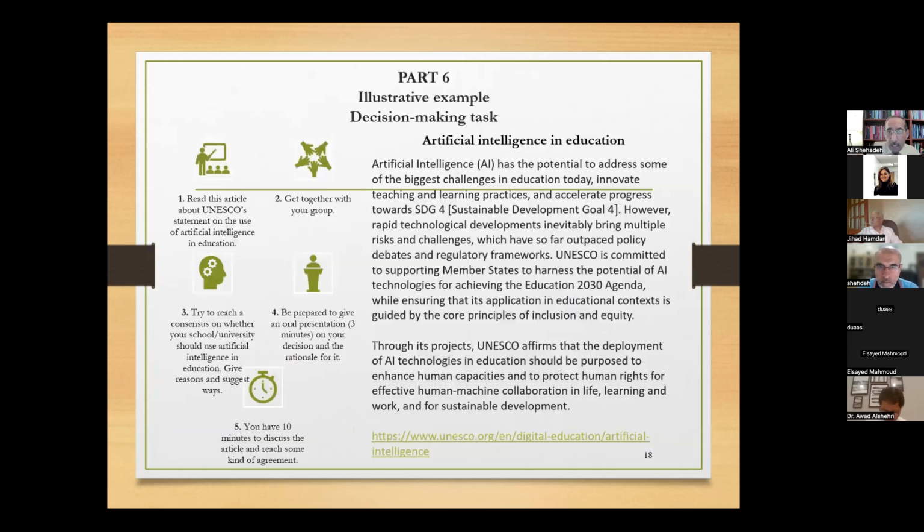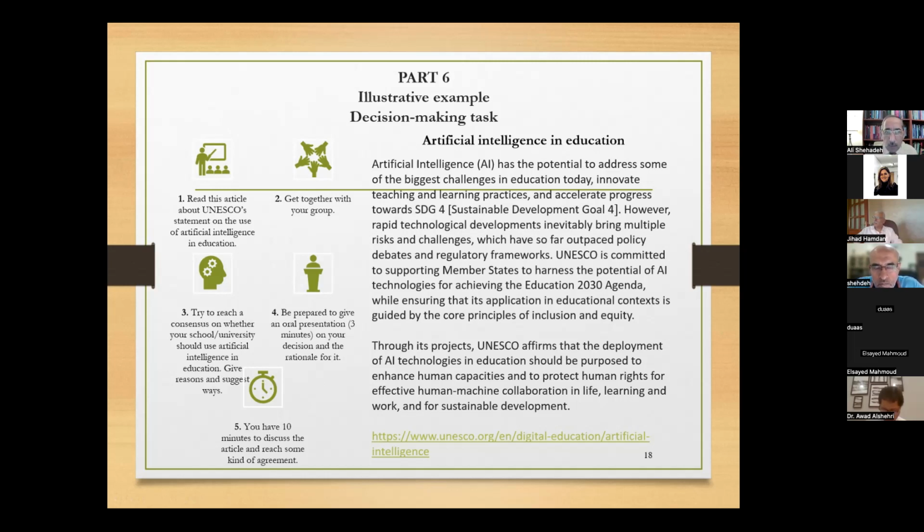And let me just give you finally an example here. Imagine I give my students a decision-making task: artificial intelligence in education. So I say, okay, you have a task. Now you can see here the instructions. Read this article about UNESCO's statement on the use of artificial intelligence in education. Read it individually.